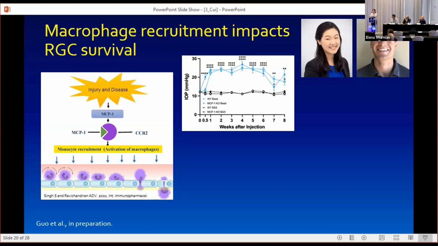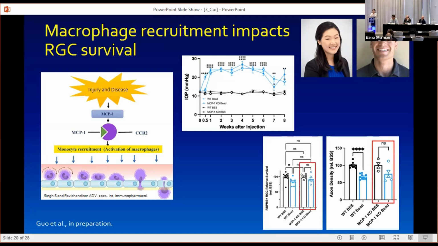Okay, so once again, we injected animals, either wild type animals or MCP1 knockout animals, with microbeads. And after about 7 weeks, we looked for retinal ganglion cell survival and axon density. What we saw was that whereas in the wild type animals both were decreased in the setting of intraocular pressure elevation, they were relatively preserved in the MCP1 knockouts.